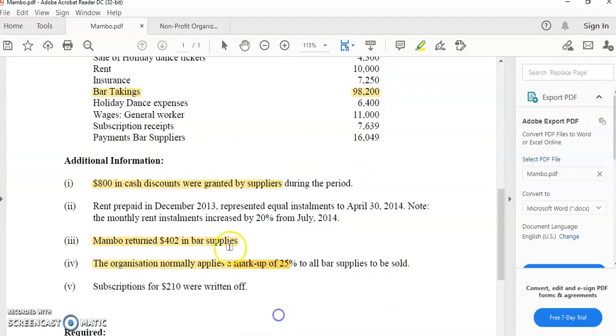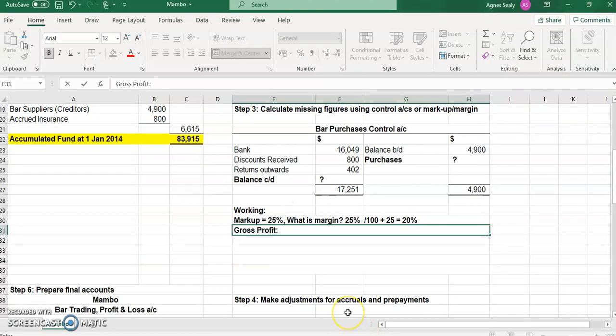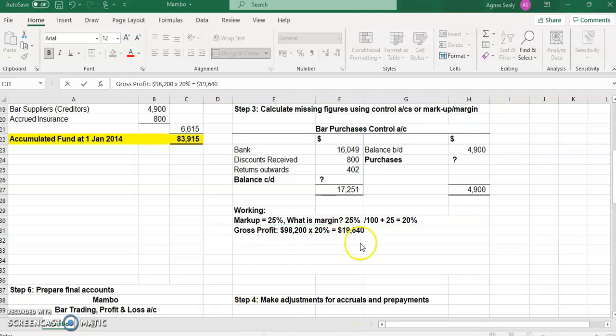We look at our sales figure in the question. Sales is $98,200. So that would be 98,200 multiplied by 20%. That gives us gross profit of $19,640.